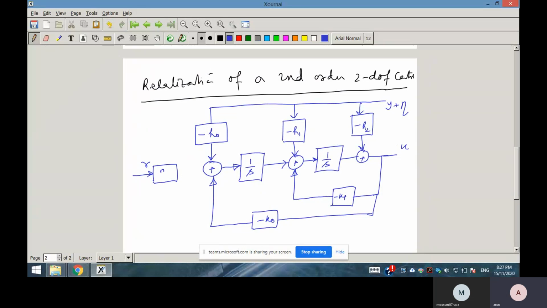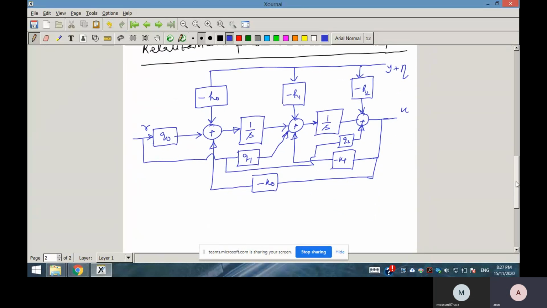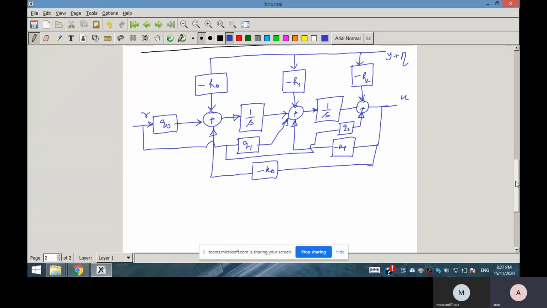This is your Q0, and then this is Q1. This is Q2. Okay, so please verify whether you are getting this or not.